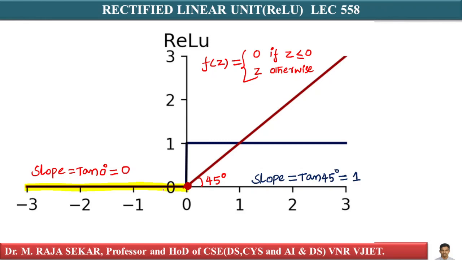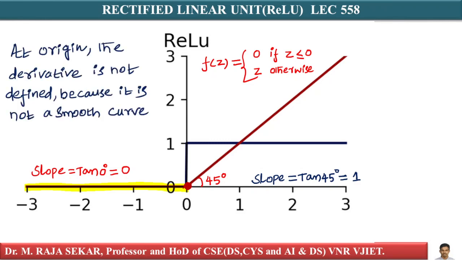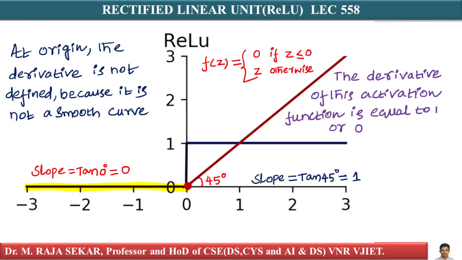The derivative is defined everywhere except at the origin. At the origin, the derivative is not defined because it is not a smooth curve. The derivative of this activation function is equal to 1 or equal to 0.